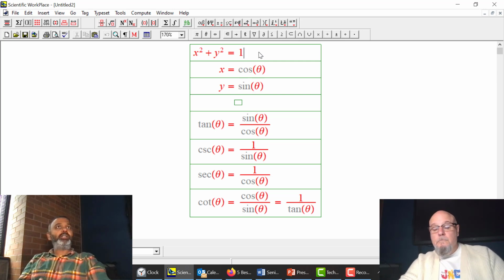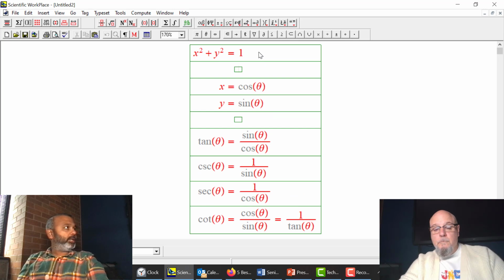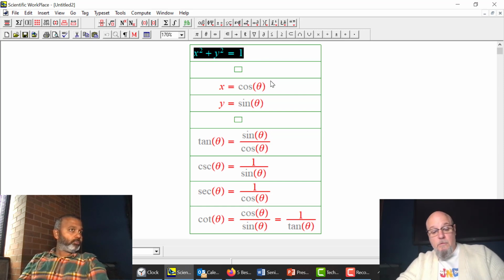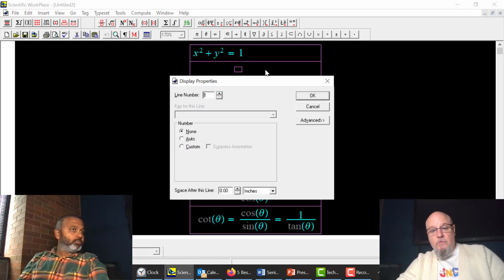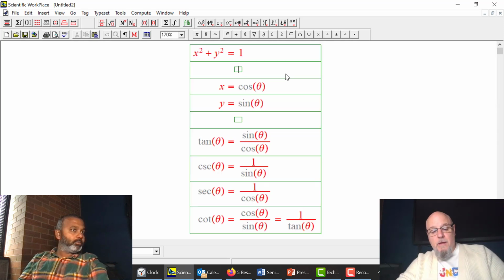As you mentioned, we said the y-coordinate is sine theta and the x-coordinate is cosine theta. That's how we defined it before. So if I take this unit circle equation, the x we said was cosine, so I'm going to replace the x with the cosine.